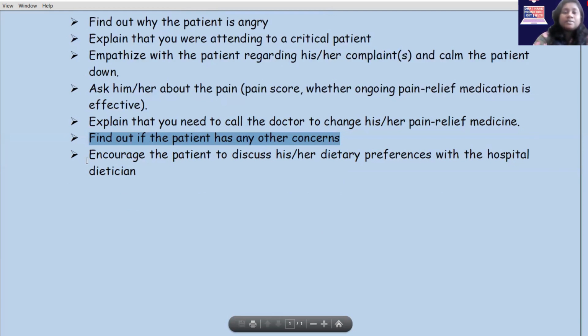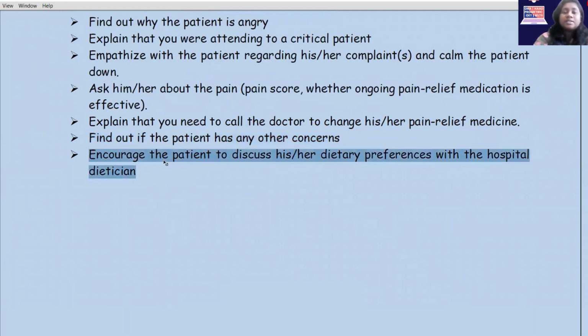And we'll go to the last task, that is, encourage the patient to discuss his or her dietary preferences with the hospital dietitian. When you ask about the concerns, they might say that they are not liking the food that the hospital is providing.